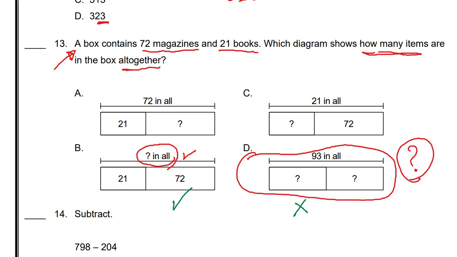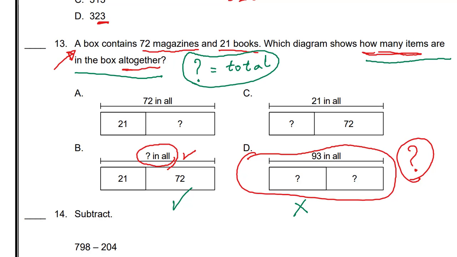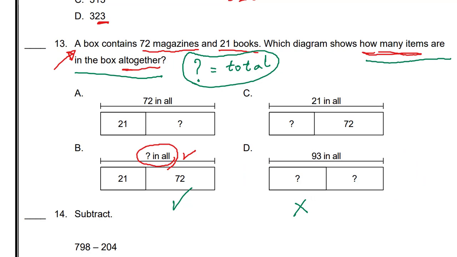In the question, my heroes, how many items in the box altogether? So the total is the question mark. The question mark here is for the total. That's where we should use the question mark. That's why here, my heroes, this one is not true.